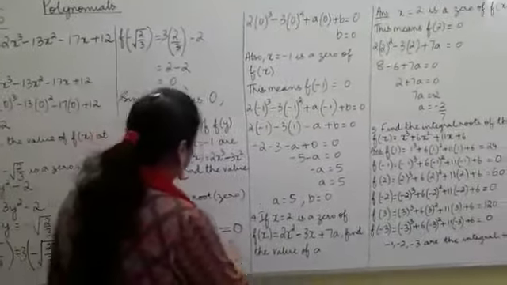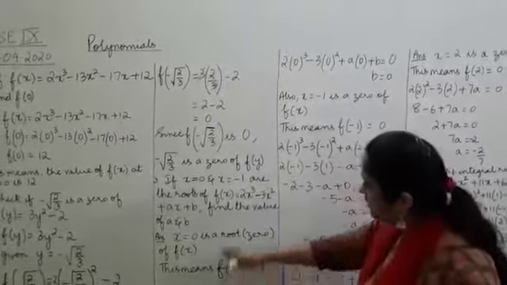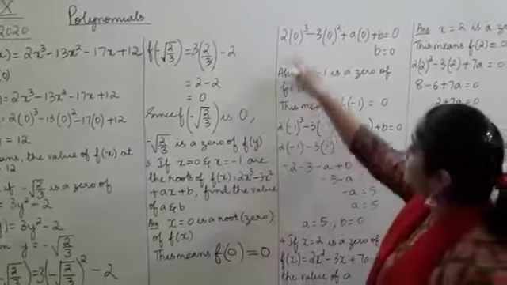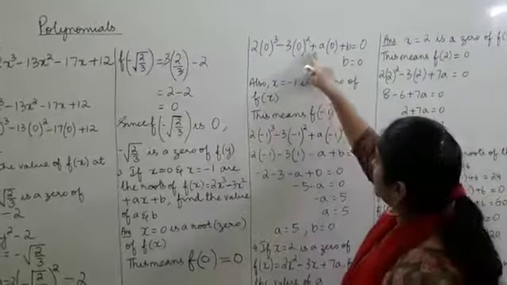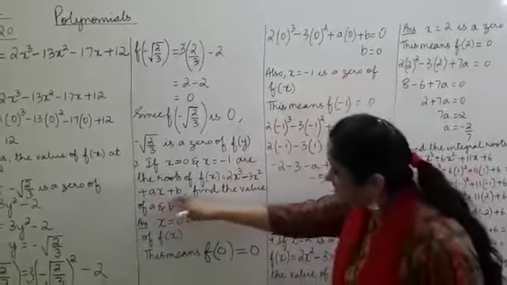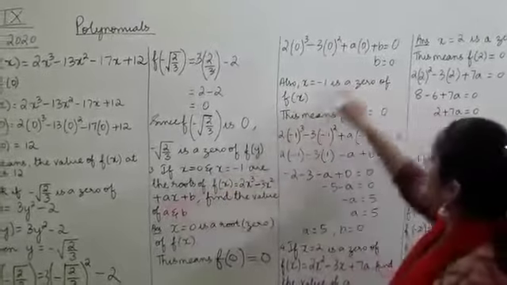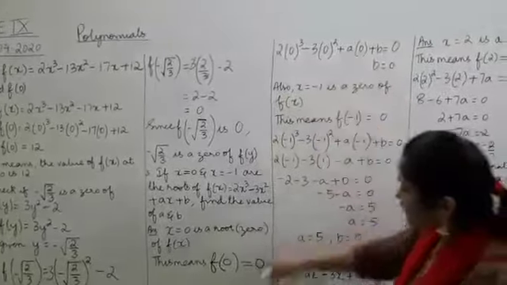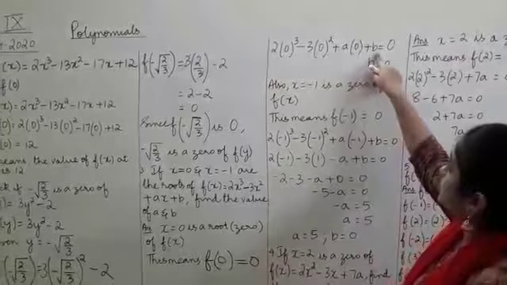Okay, now we have to work with this. So how do you work out f of 0? Go back to the polynomial. Wherever there is x, use 0. So it will be 0 cube minus 3 into 0 square plus a into 0 plus b. Wherever there is x, you should use 0. b comes as it is. This is the expansion for f of 0.